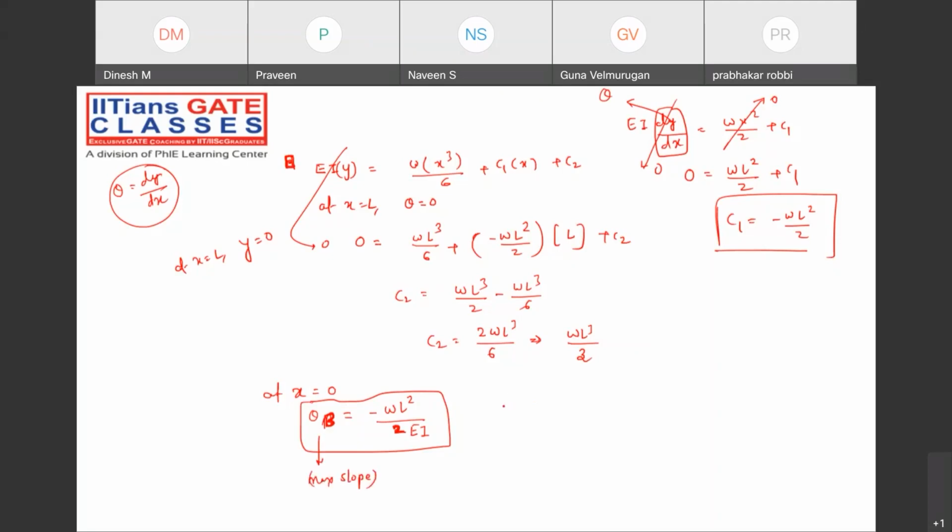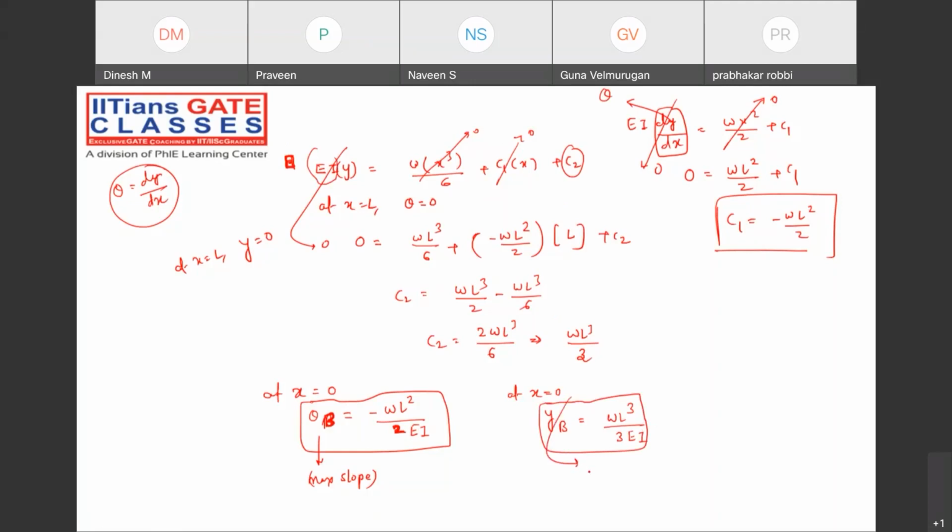What is the maximum deflection? At x equal to 0, YB will be, this is going to be 0. C2 value. What is the C2 value? W into L cube divided by 3EI. This EI will transfer to the right hand side and this will become the formula.